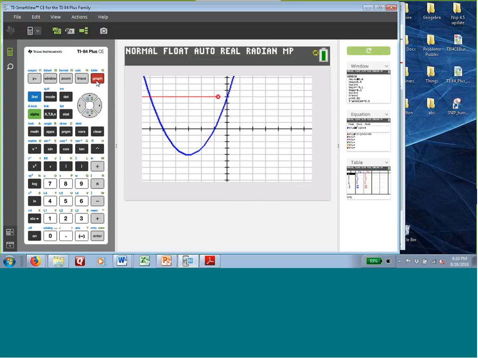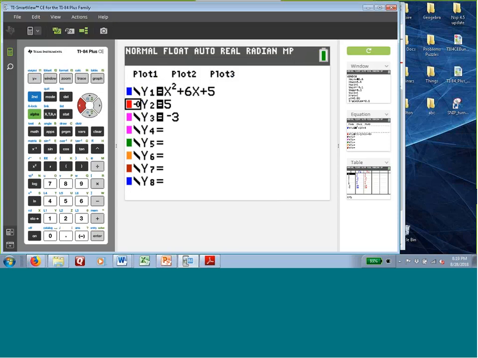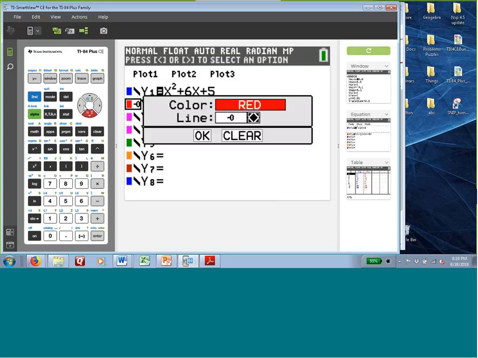What they're noticing here is that the horizontal line will hit their parabola, intersect it in 2 places, and these 2 values, if we find their average, is going to give them the x value of the vertex. In this case, it's -3. We want to focus in on that average.